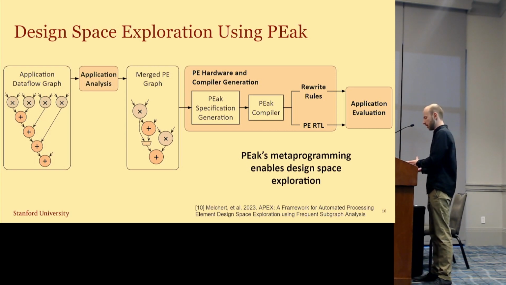This translation process from the abstract PE graph into PEak was really straightforward because PEak has good metaprogramming ability. We then leveraged the PEak compiler, in addition to the project that I described on the earlier slide, in order to do application evaluation for every PE that we were generating in this design space exploration project.